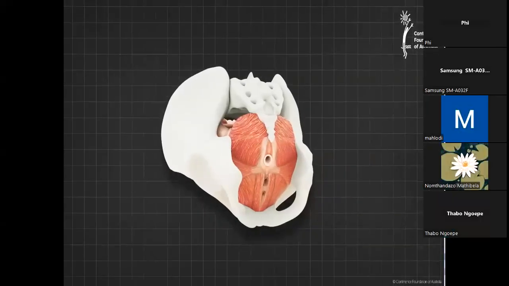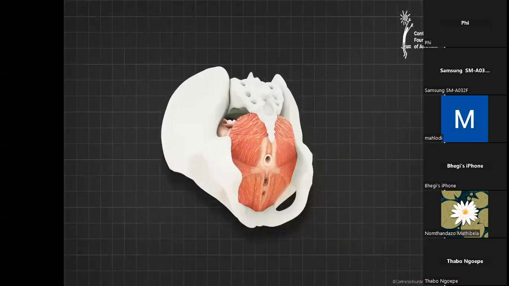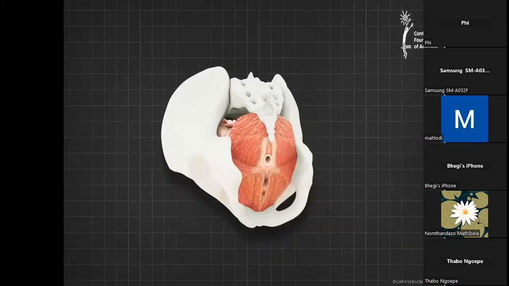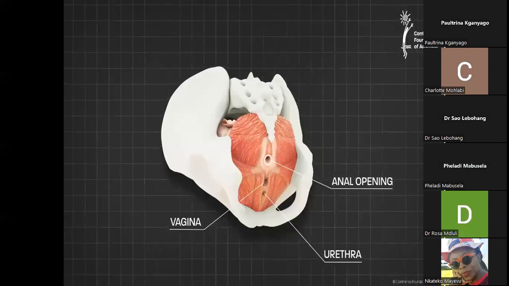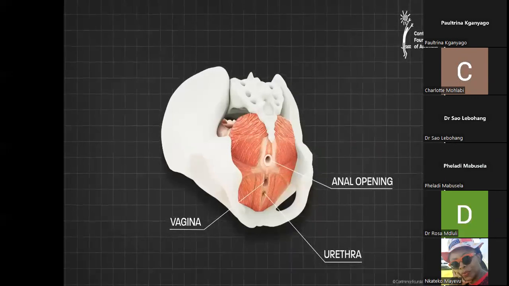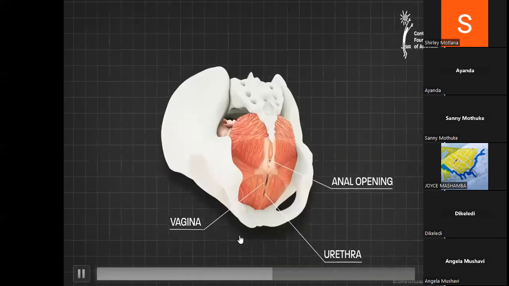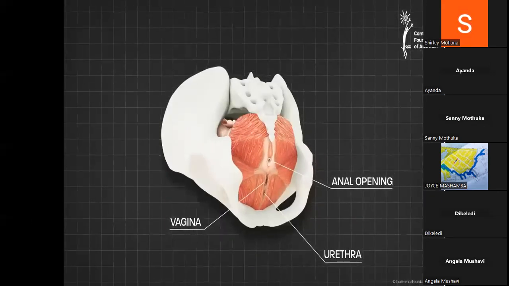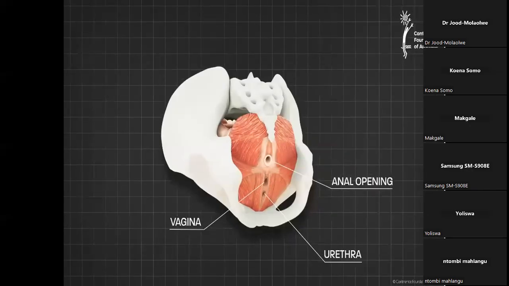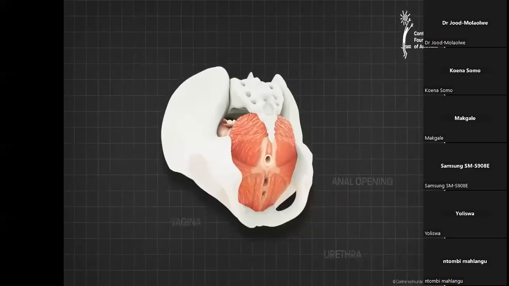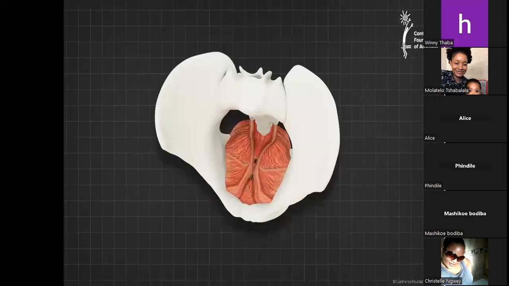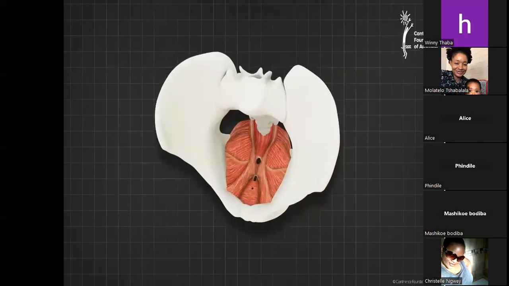To stop this from happening, you need to switch on your pelvic floor muscles. To switch on the pelvic floor muscles, you need to squeeze and draw in the muscles around your vagina, as if you are trying to stop the flow of urine. Lift them up inside. Breathe normally.